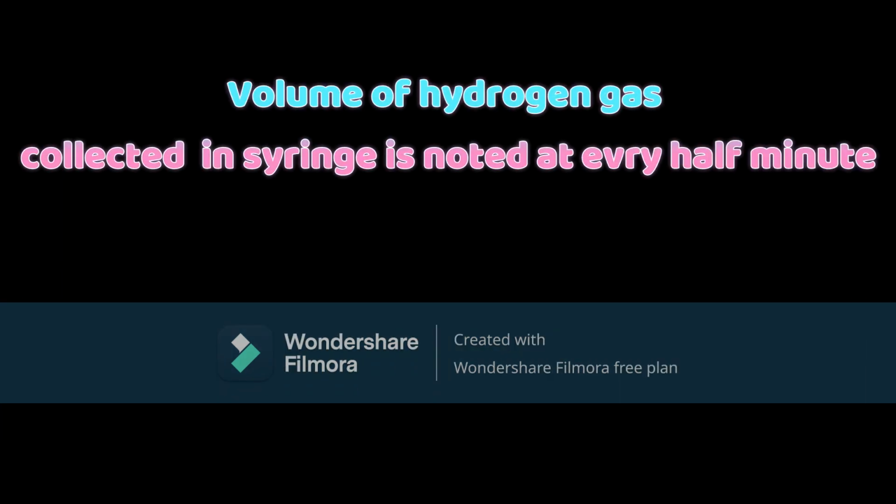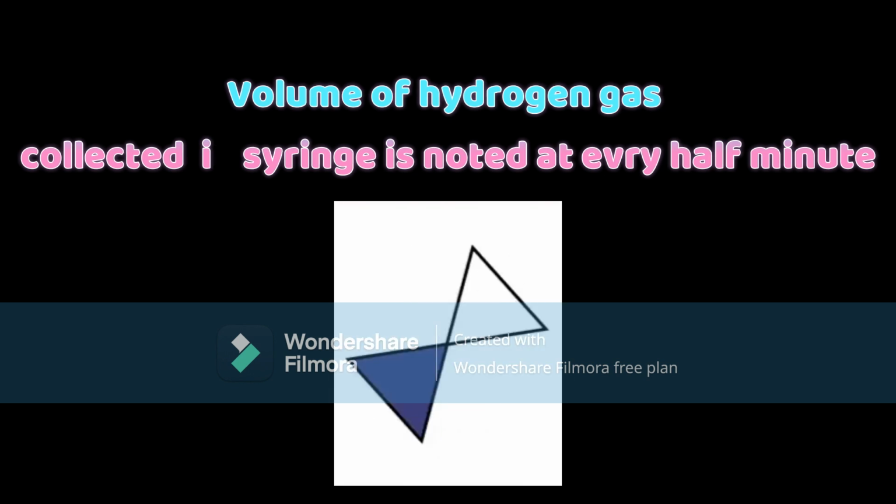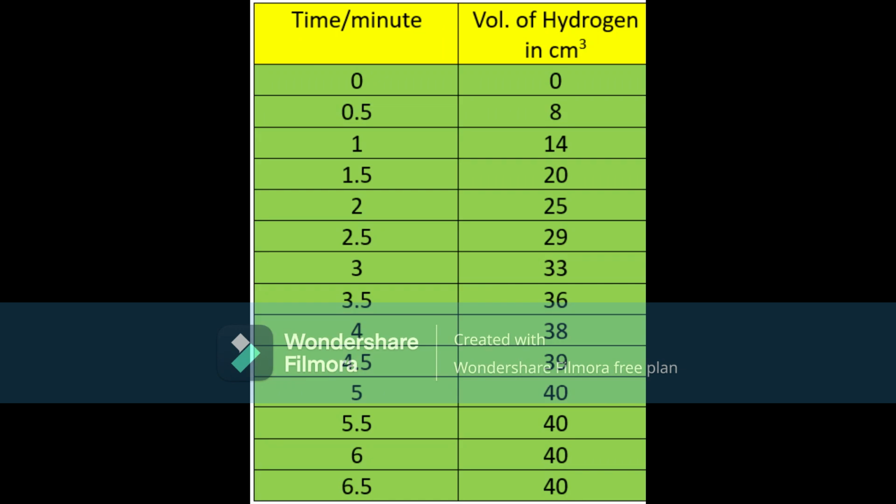The volume of hydrogen gas collected in the syringe is noted at every half minute. You're doing an experiment, right? So you are collecting data: time every half minute, and the volume of hydrogen gas collected at that time. You can see from 0 to 6.5 minutes, a volume of 0 to 40 cm cube is collected.